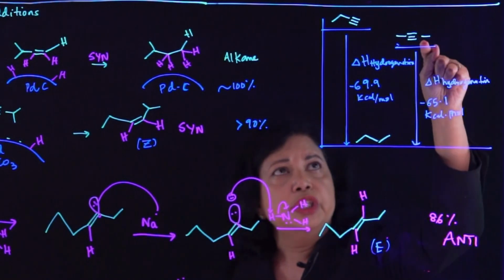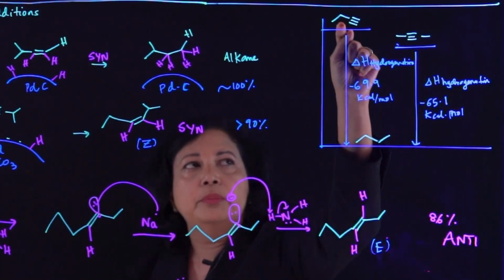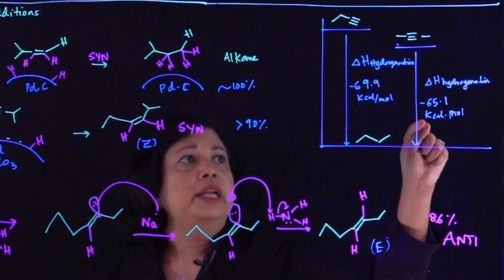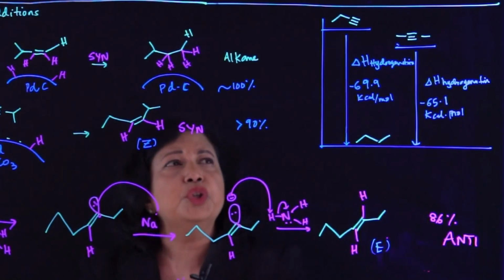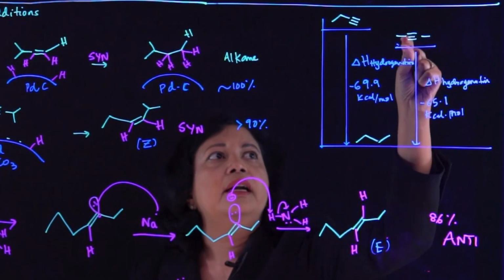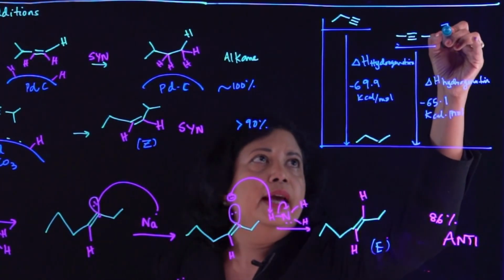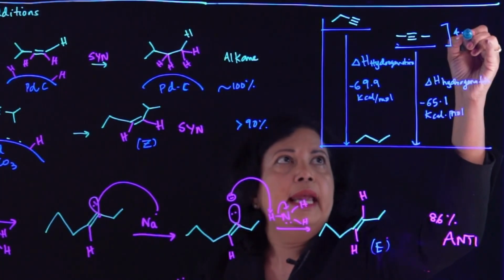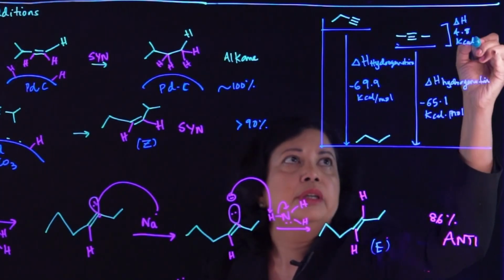When you hydrogenate an internal alkyne, 2-butyne, you're only releasing 65.1 kcal per mole. That means that to start with, this had a lower energy. It is lower in energy than your terminal alkyne by 4.8 kcal per mole, delta H.